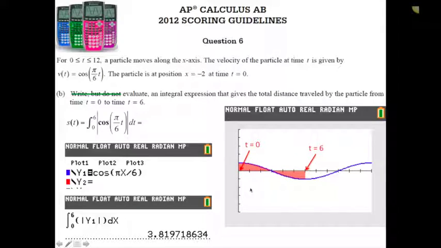If you notice, that's shading in this red area, but since the absolute values are here, this red area becomes positive, and it's this total red region, and that total red region has an area of 3.8197. When we round that, that would be 3.820. Notice we put 3 decimal places on that so that it's in accordance with the free response criteria.